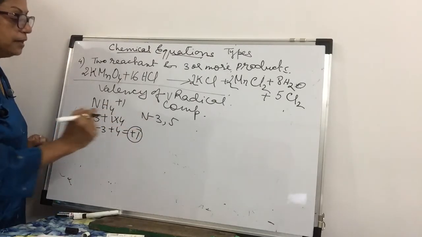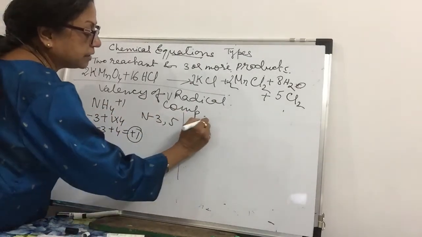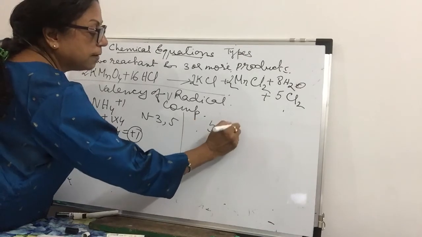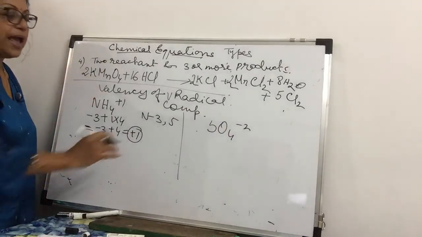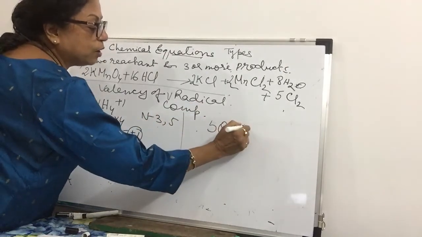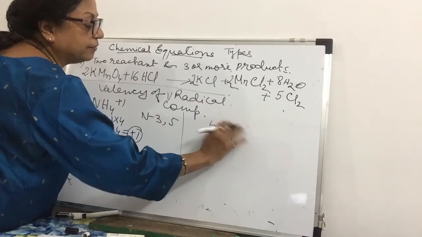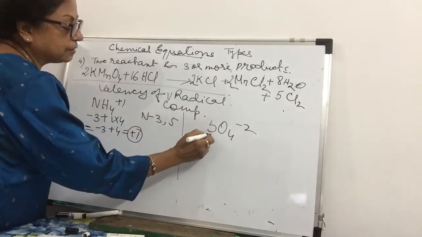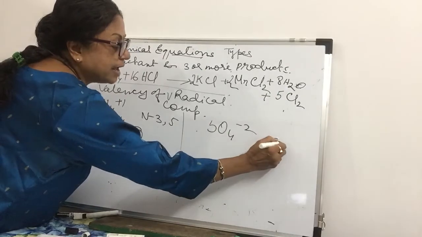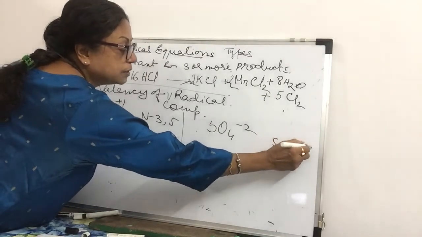Now suppose I take sulfate, SO4 minus 2. If you put it in this way also, this is correct. Sulfur has valency 2, 4, 6.